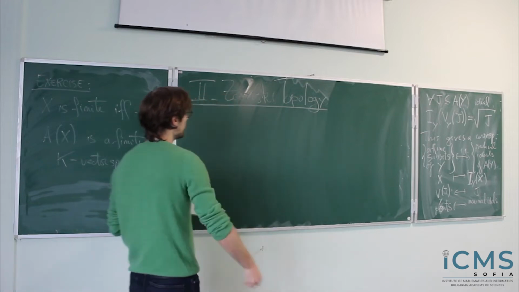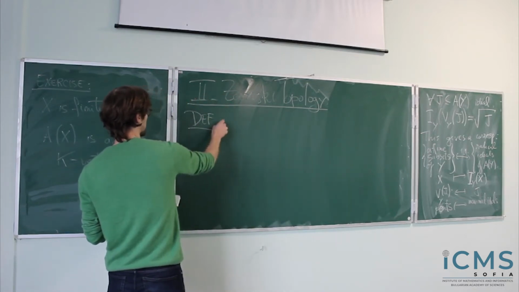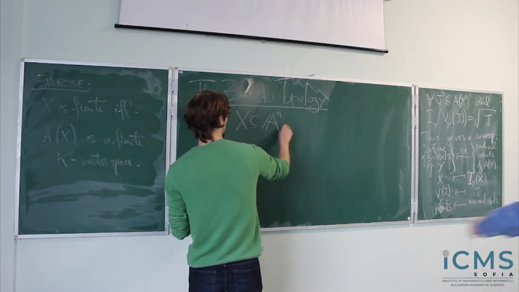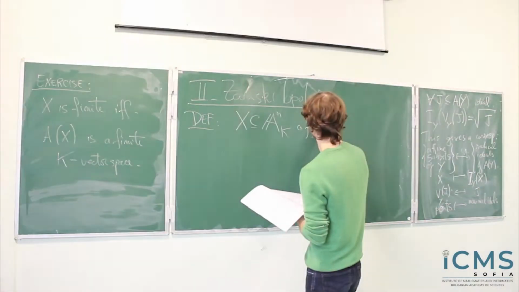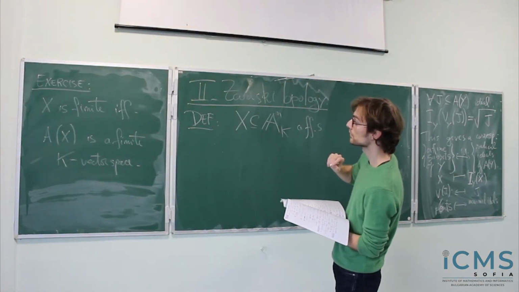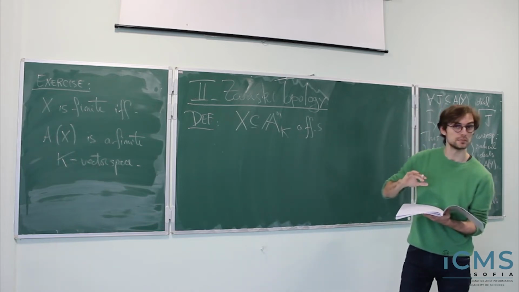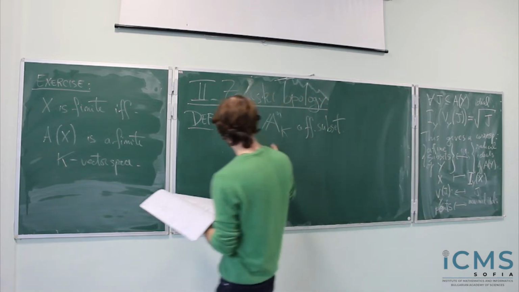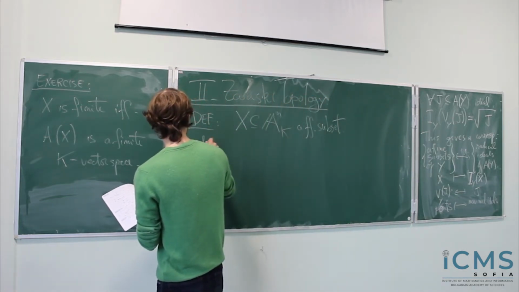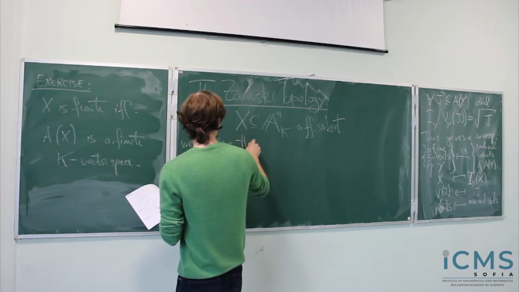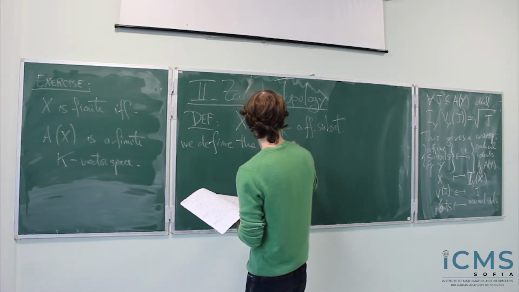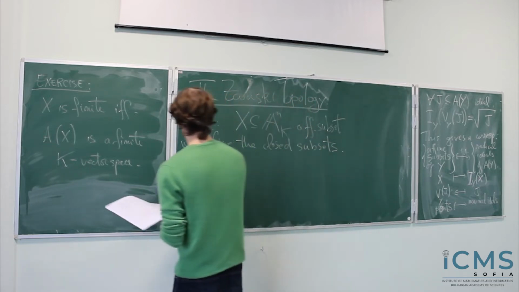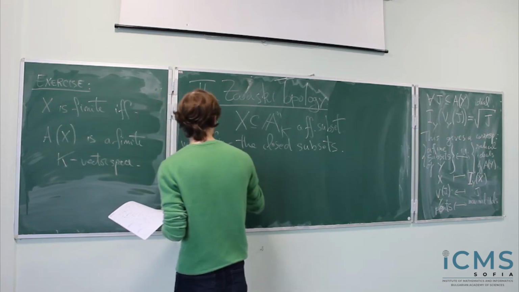Okay, so let's just define it first and foremost. So I take an affine subset X, and we define the closed subsets for its Zariski topology.